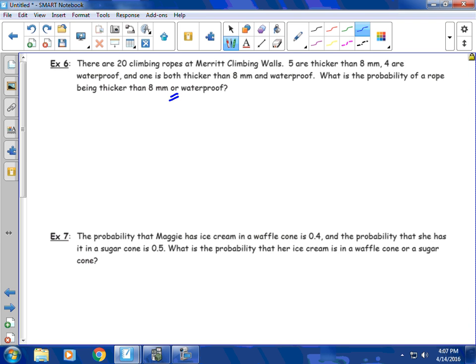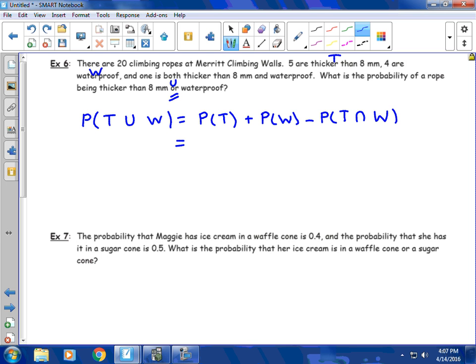So we could use the Venn diagram, or let's just use the addition rule. So probability of, we'll say T is thicker, or, because or means union, we'll call W waterproof, should equal probability of T plus probability of W minus the probability of T and W. And this should be quick because we got everything we need.